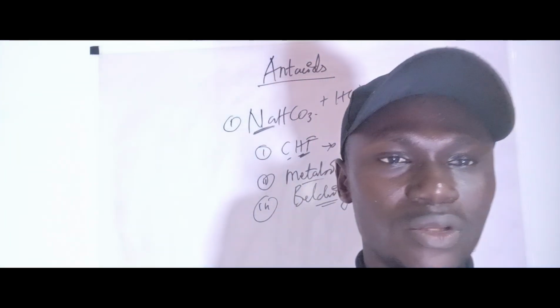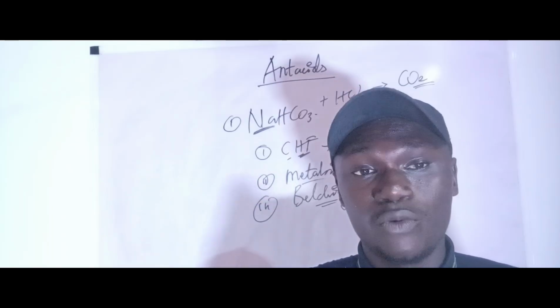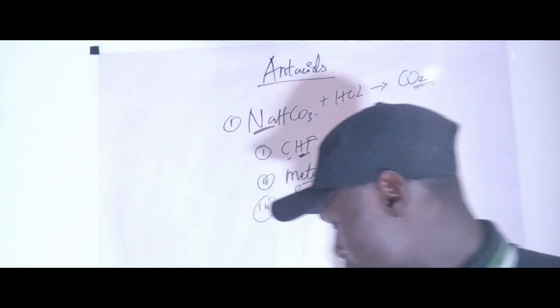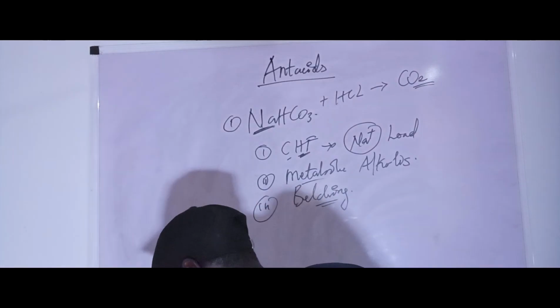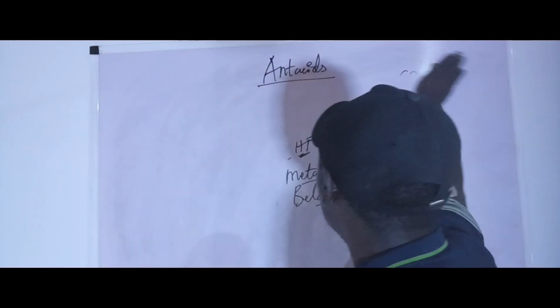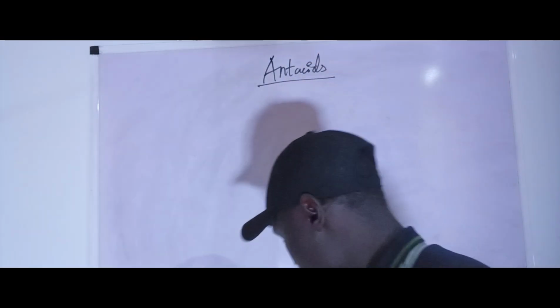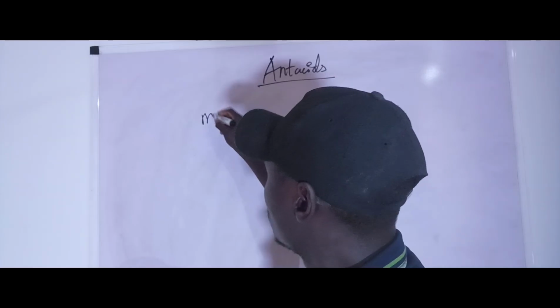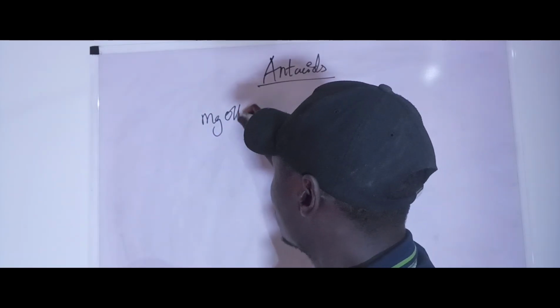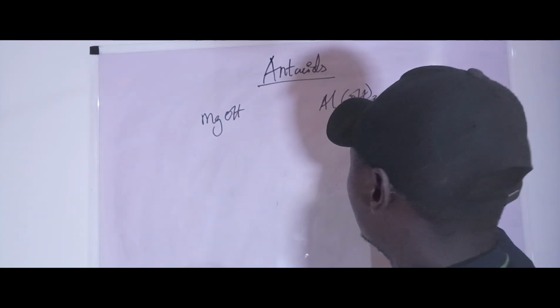Now the next question you want to ask me is, which antacid are we now using? The antacids now being used are the ones from magnesium and aluminium. So we have magnesium hydroxide and we have aluminium hydroxide.